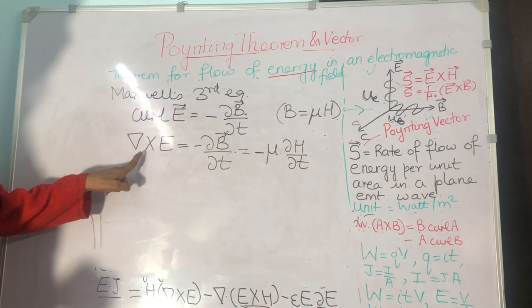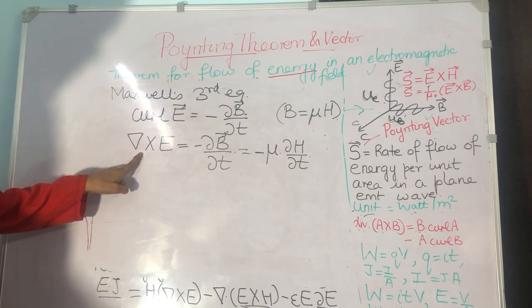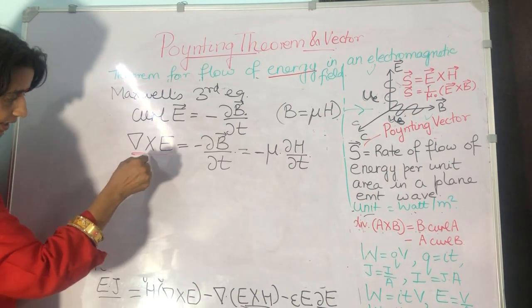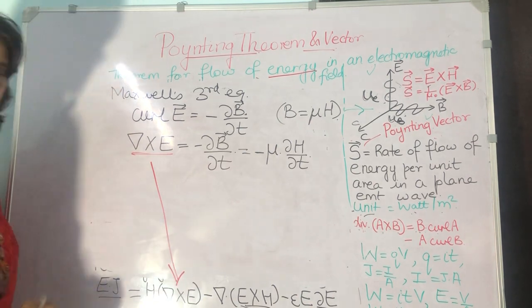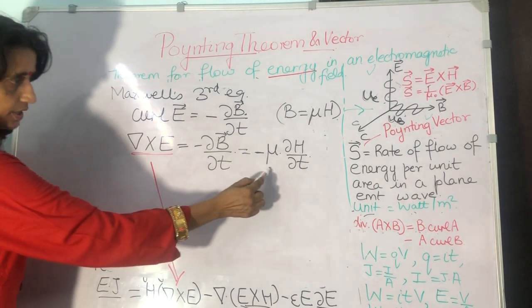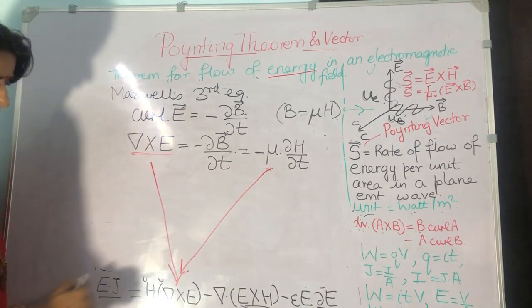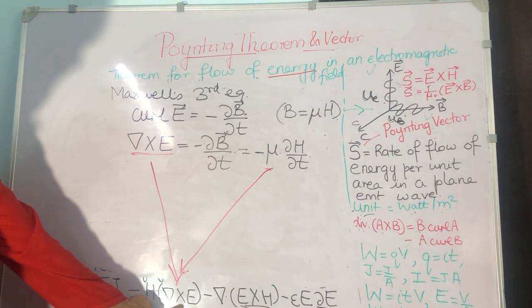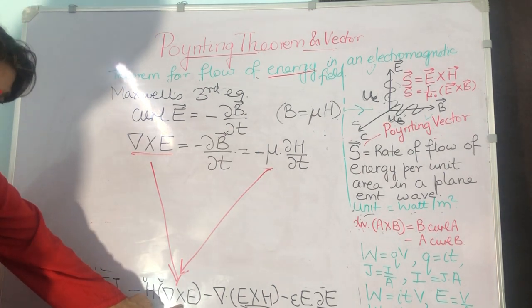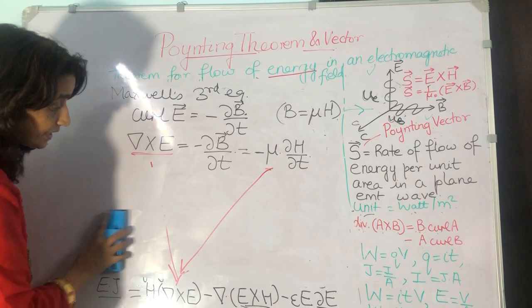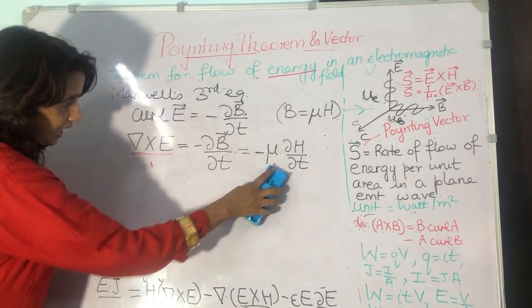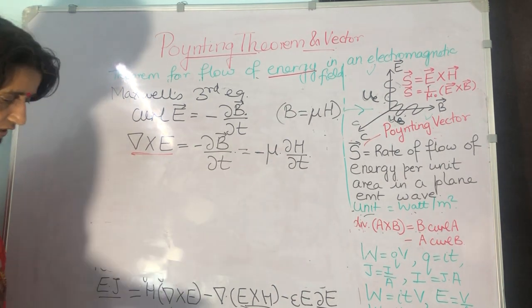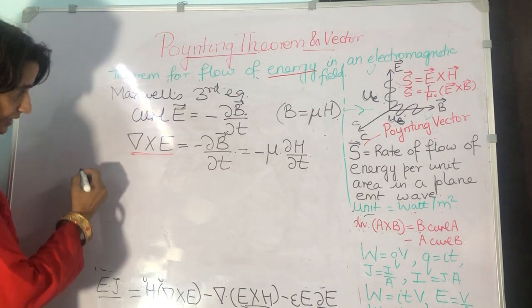Now, we will put this value which we got here in this expression here. After putting this value here, what does this expression look like? Now, this expression will look something like this.